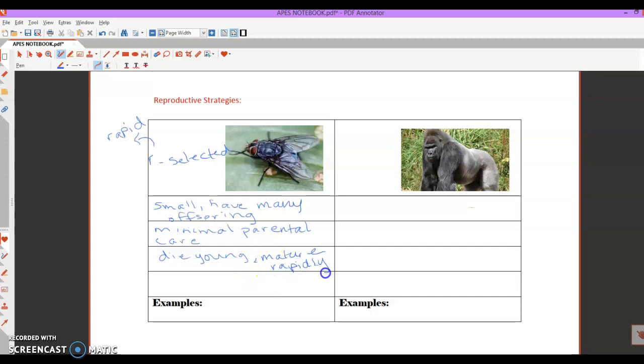And we know that competition between these organisms is going to be low. All right, so we have a fly as an example. So what are other examples of R-selected species?